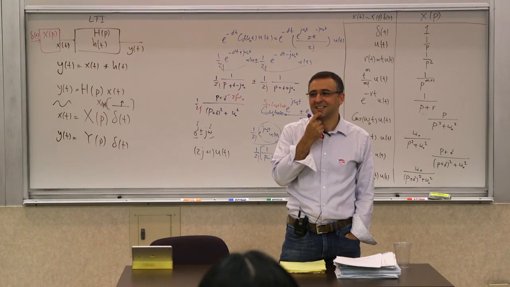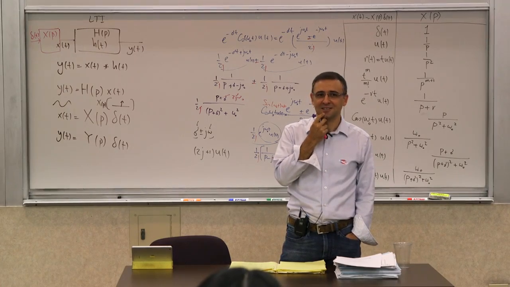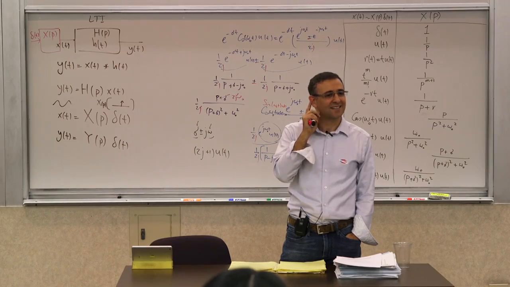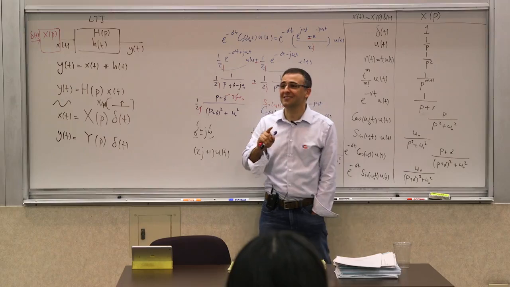Launching a bunch of derivations from a set of axioms. Okay. Say again? That would make physics math. No, that's not true. Physics is not math, and math is not physics.